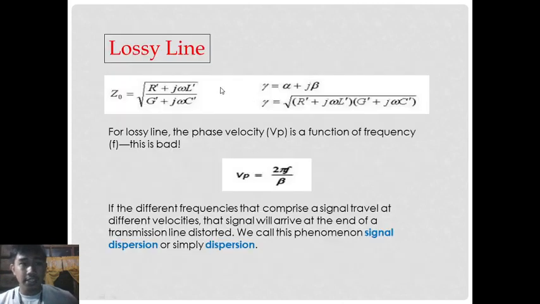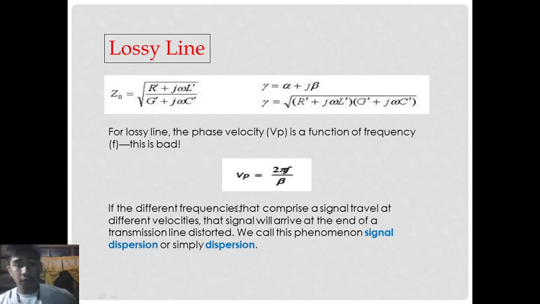Now, this is the equation for solving the characteristic impedance of a lossy line, and the propagation constant. For a lossy line, the phase velocity, or Vp, is a function of frequency. But this is bad. The Vp is equal to 2 pi f over beta.